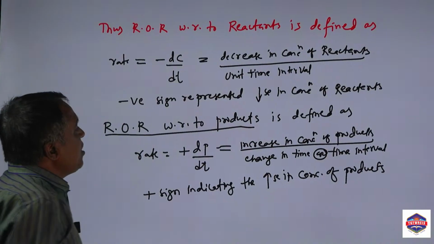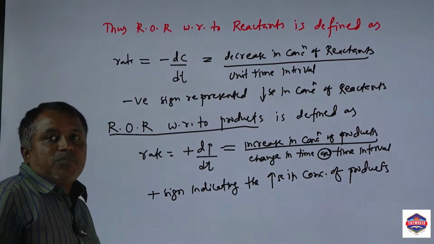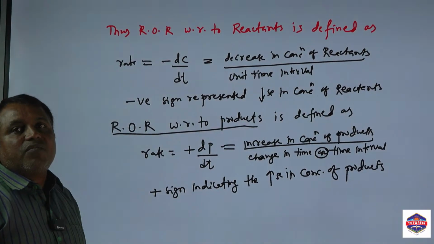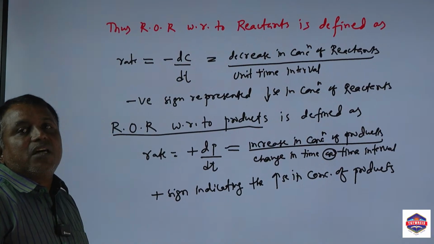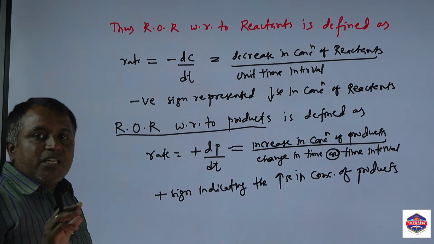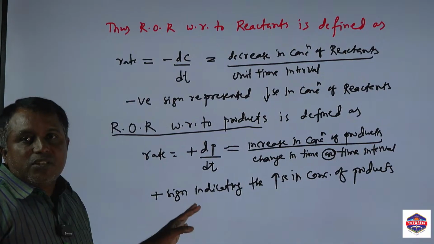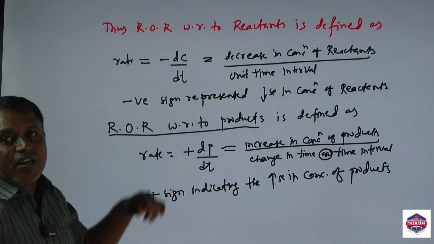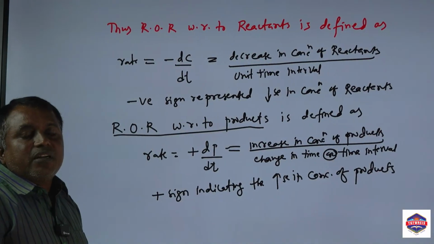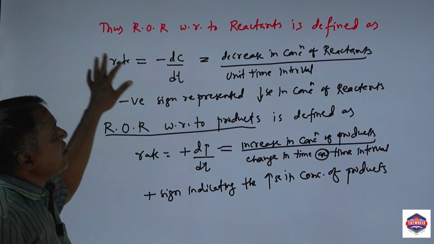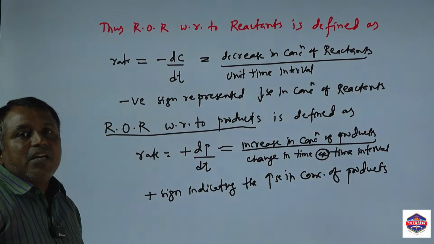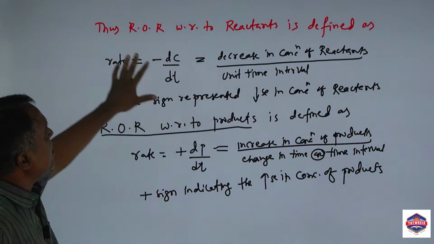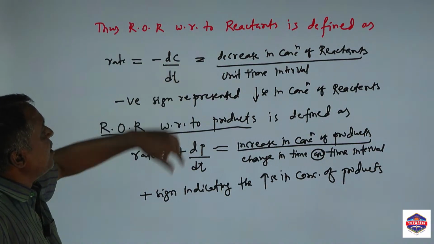So this is based on one simple concept: in any chemical reaction, concentration of reactants initially is high, and at the same time concentration of product is 0. As time increases, concentration of reactants gradually decreases, and at the same time concentration of products gradually increases. So based on this, we can define rate of reaction in these two ways.